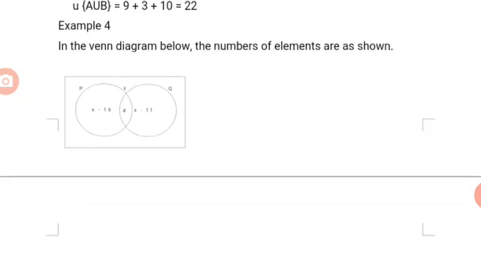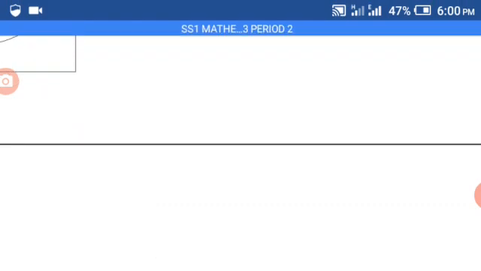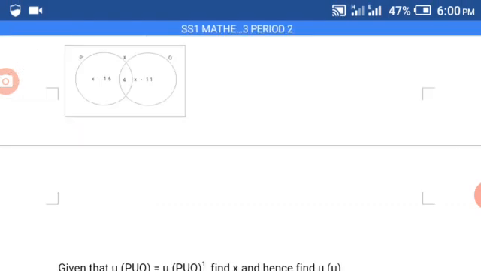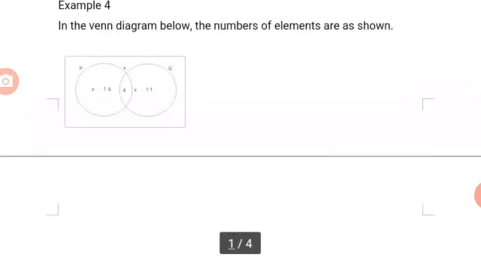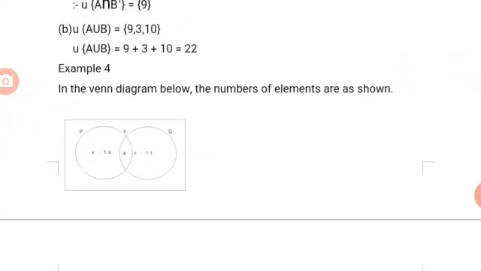Is that clear? And the number of P union Q complement is x. That is the x that is outside the circles.